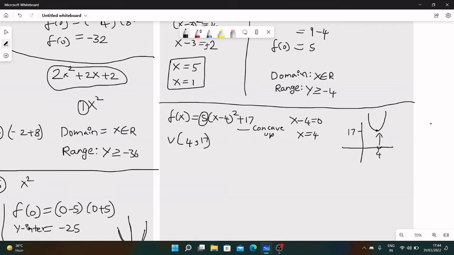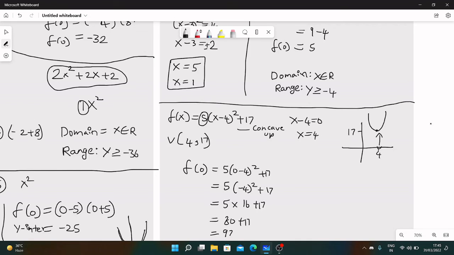Now the y-intercept, we just have to solve for 0 because on the y-axis the x value is 0. So 5 times (0 minus 4) squared plus 17, that is 5 into 16 plus 17, that will give us 80 plus 17, and that is 97.